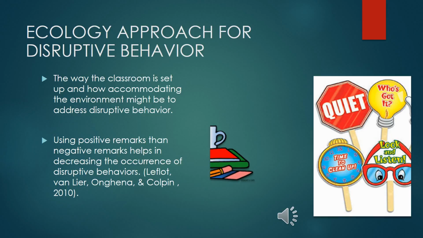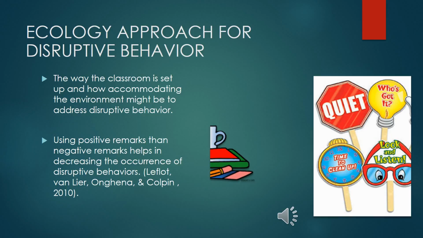Another way under the whole ecological approach is using positive remarks rather than negative remarks. It helps in decreasing the occurrence of disruptive behavior. A study was conducted with 570 children from second to third grade of an elementary school to examine how disruptive behavior can best be modified in the classroom. The authors found that the use of a good behavior game, which contained praise and no negative remarks, was a very good approach.